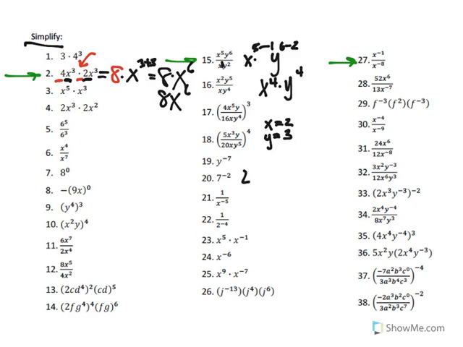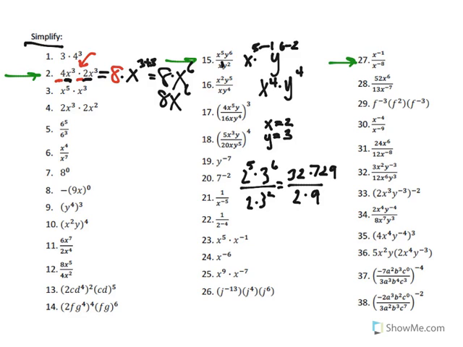Let's substitute. If we have 2 to the fifth times 3 to the sixth divided by 2 times 3 squared, what do we get? Well, 2 to the fifth is 32 times 3 to the sixth, which is 729, divided by 2 times 3 to the power of 2 is 9.